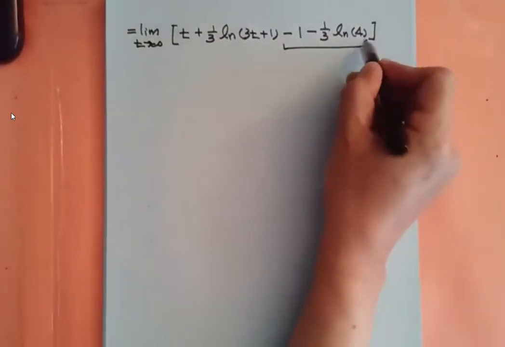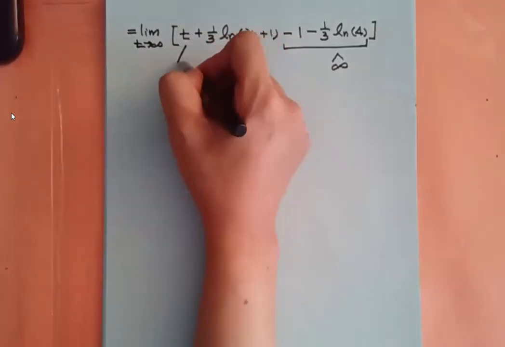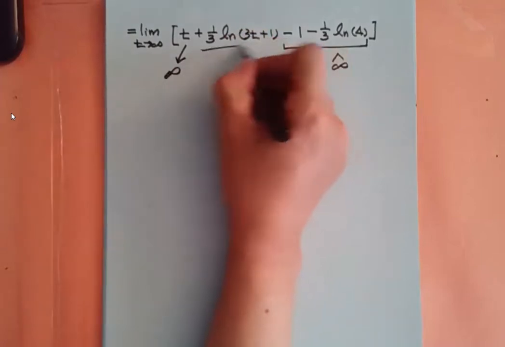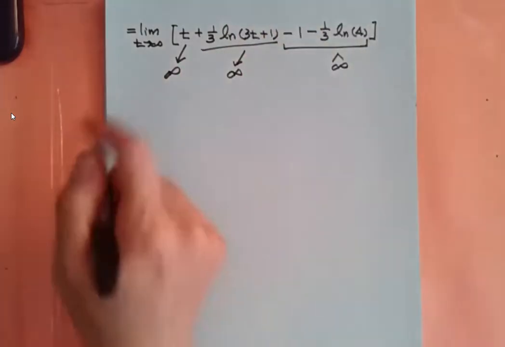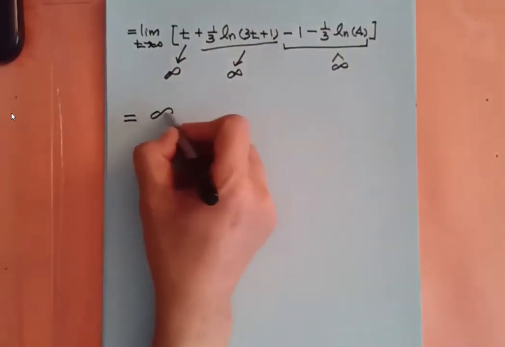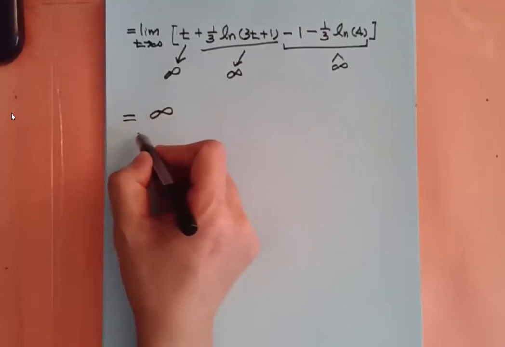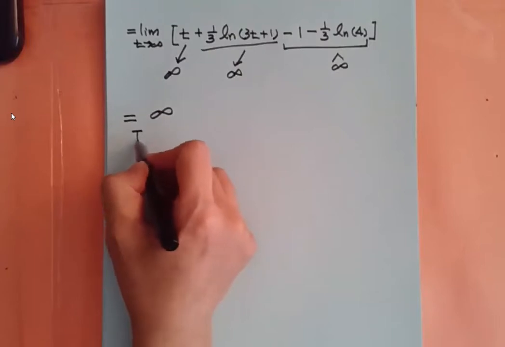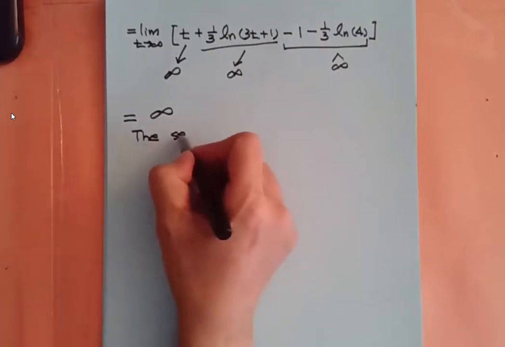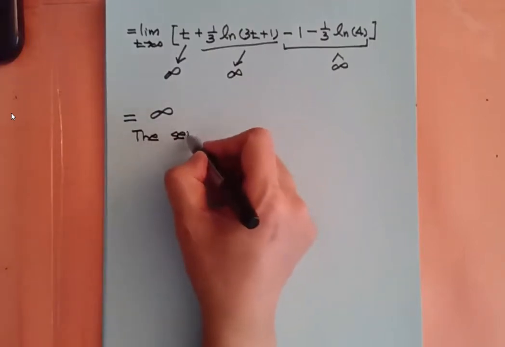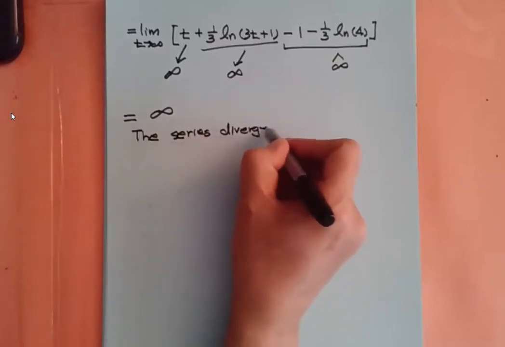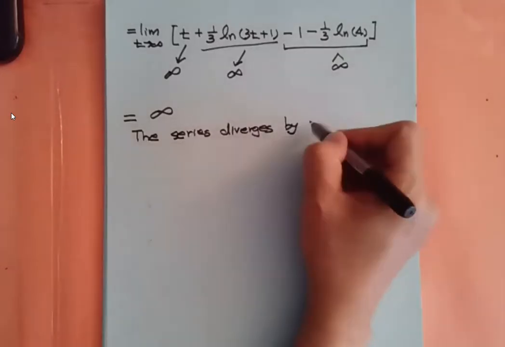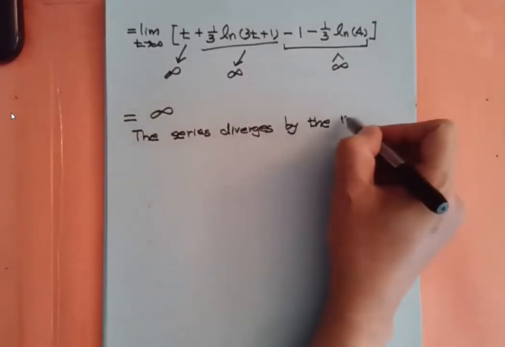This part is finite, but the first will go to infinity. The second one also goes to infinity. And so when t increases, the entire thing will go to infinity. So after we apply the integral test, we can conclude that the series diverges by the integral test.